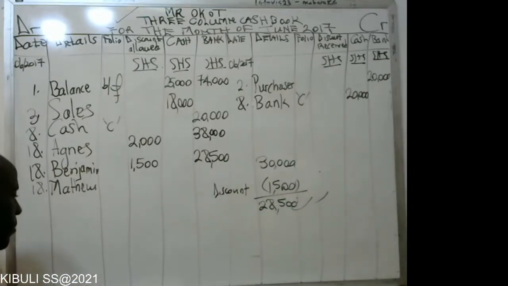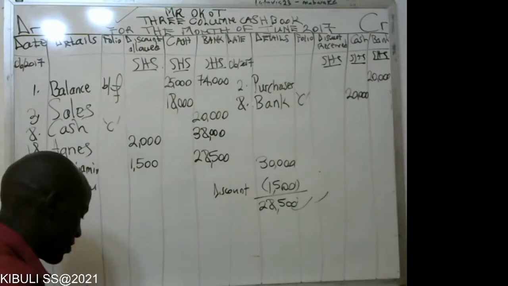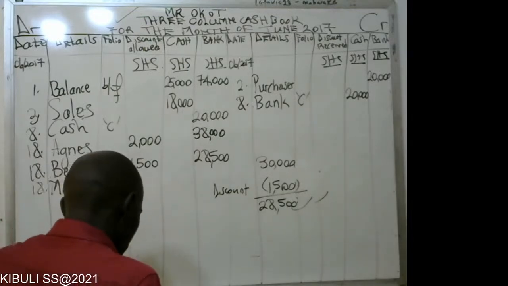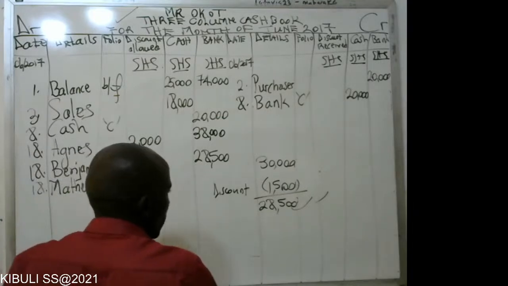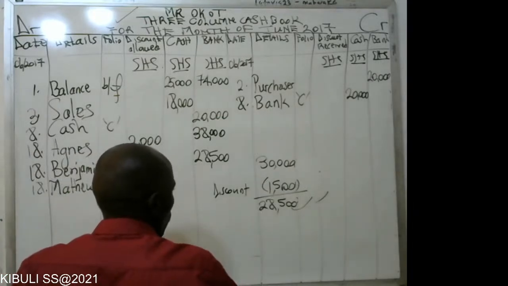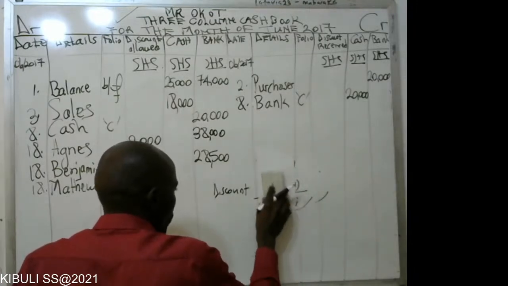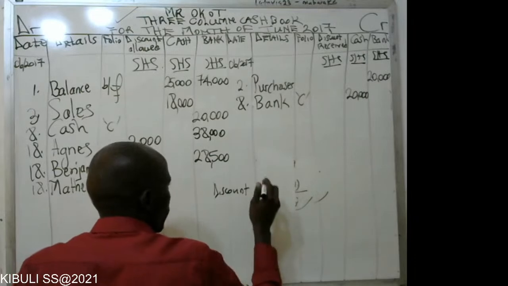Lastly, let us look at Matthew. Matthew was supposed to pay us 32,000. That's the amount Matthew was supposed to pay.